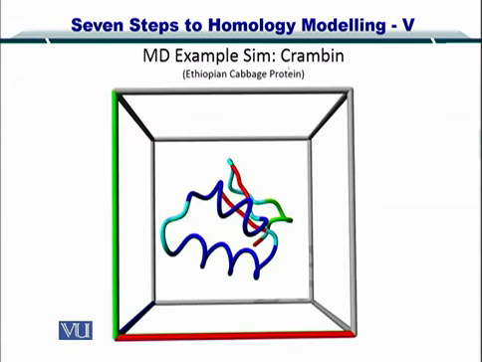Okay, so here is your protein. This example is for crambin. This is a cabbage protein, and here in the box you can see we have trapped this protein, which acts as an isolation chamber for this protein, and we compute the possible conformations of the entire backbone as well as all the rotamers.